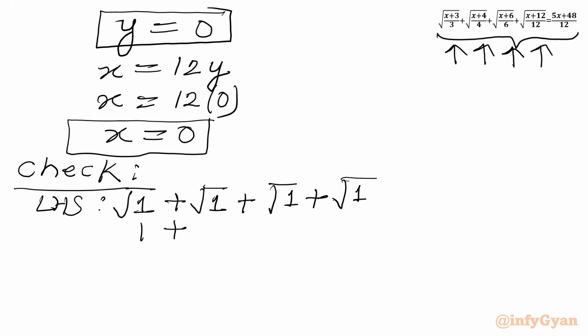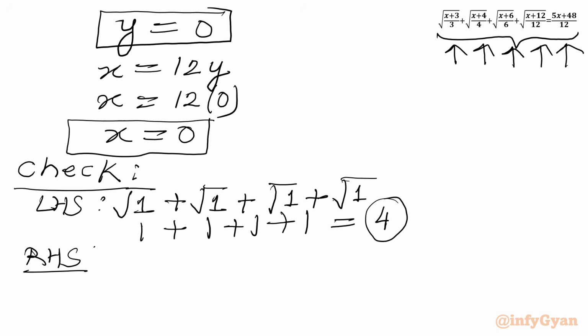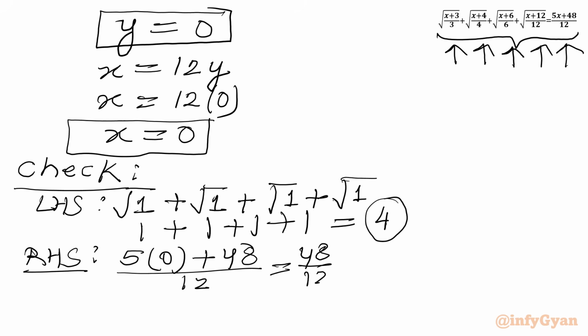We will get 1 plus 1 plus 1 plus 1. LHS becomes 4. Now we have the right hand side, 5x plus 48 over 12. At x equal to 0, we will write 5 times 0 plus 48 over 12, which is 48 over 12, equal to 4. LHS equal to RHS. Hence our solution x equal to 0 is true and verified.